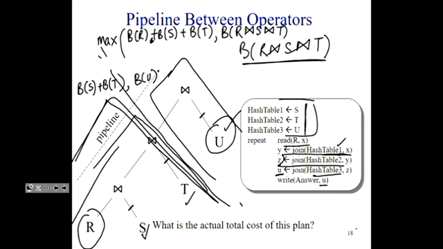Max of one of these two things should be less than M. Does this make sense?